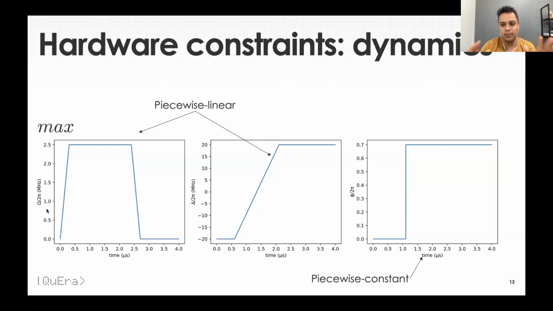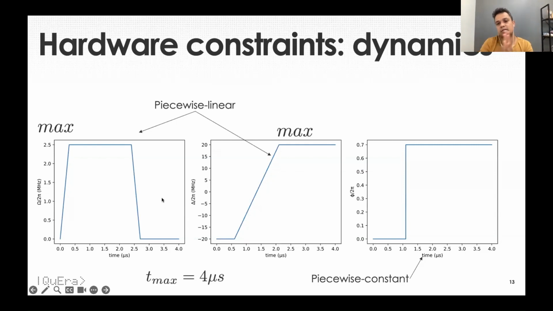So for all that I care, we'll be thinking about 2 pi megahertz. The maximum value of omega is 2.5 times 2 pi megahertz. The maximum value of delta varies from positive to negative. So it goes from -20 to +20 times 2 pi megahertz. And the phase, of course, you can wind it around multiple times from 0 to 2 pi. It's up to you.